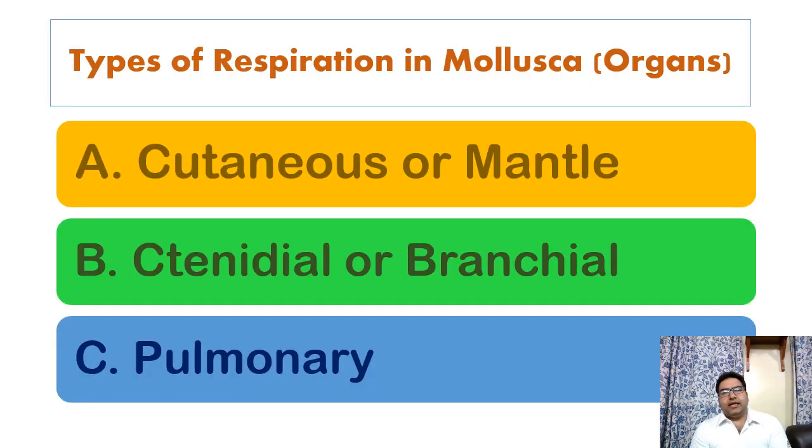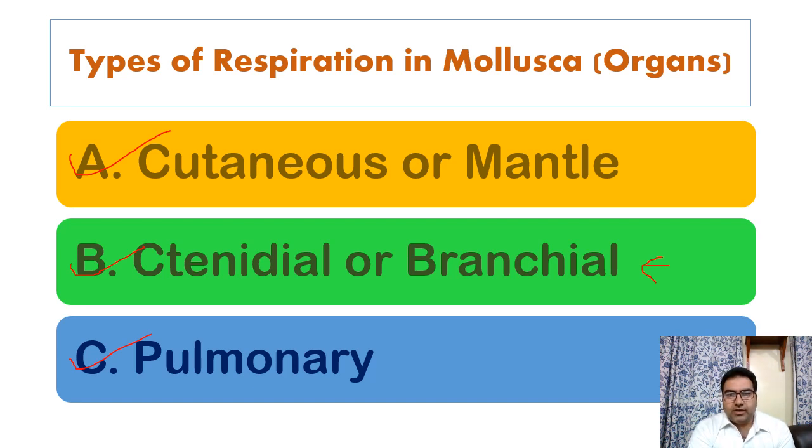Now, when we say the modes of respiration in mollusca, there are three modes: cutaneous mode, Ctenidial mode, and the pulmonary mode. We call it cutaneous respiration, Ctenidial respiration or the branchial, that is by the gills, and the pulmonary, which acts as the lungs in the mollusca.